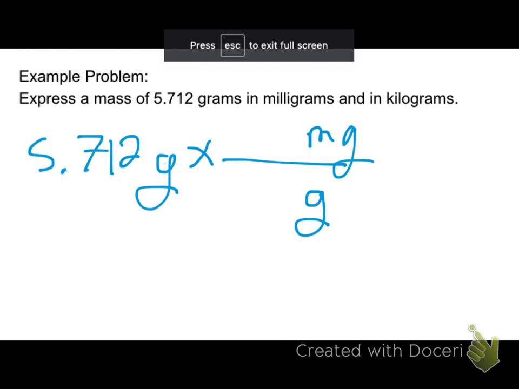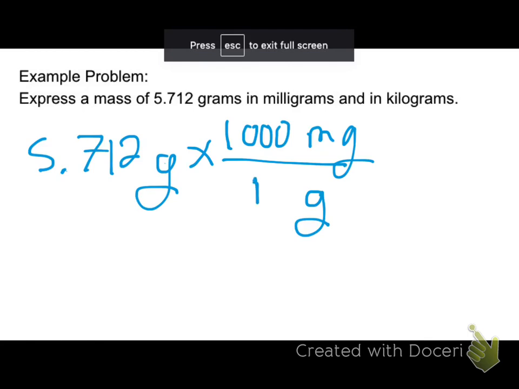So there's a couple we could choose from. We could choose to say, like we did, that there's 0.001 grams for every 1 milligram. Or, in my opinion, a simpler way is to remind ourselves there are 1,000 milligrams for every 1 gram.